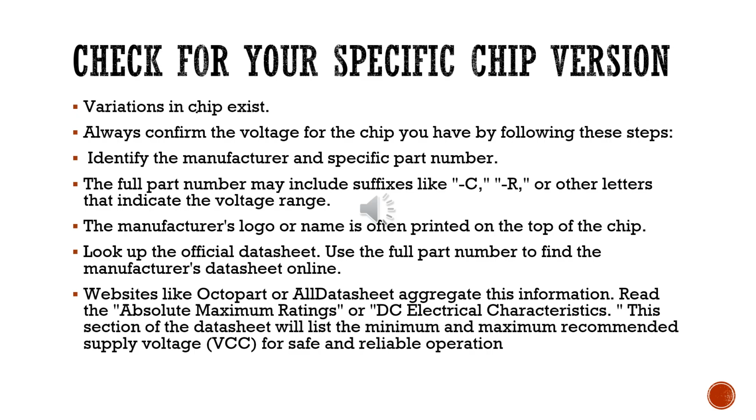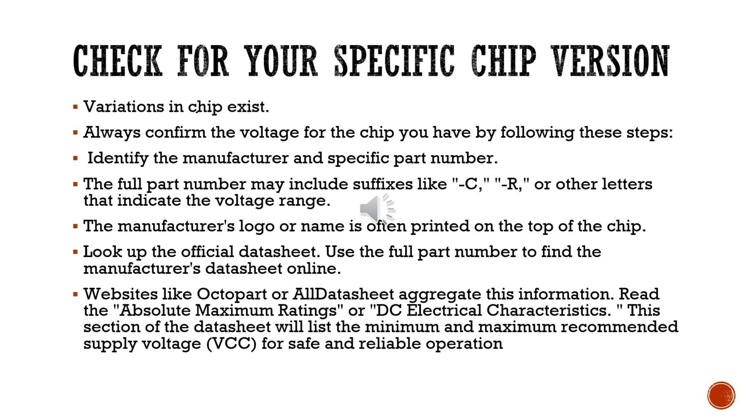Identify the manufacturer and the specific part number. The full part number may include a suffix like -C or -R or other letters that indicate the voltage range. The manufacturer logo or name is often printed on the top of the chip. Look up the official datasheet.